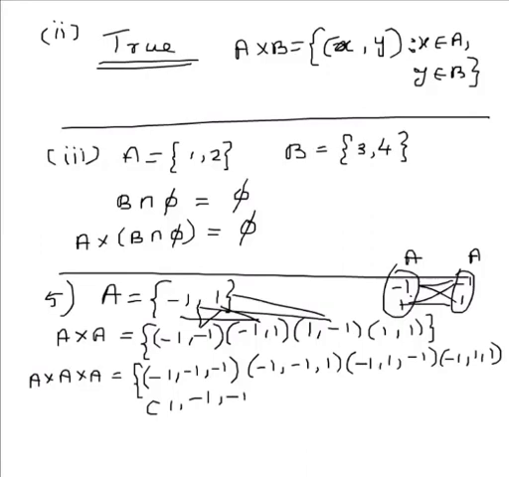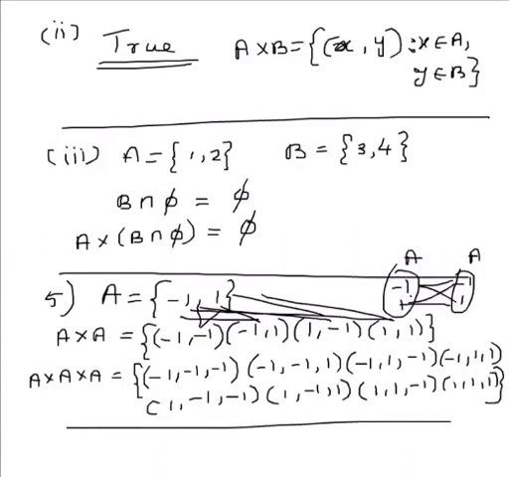Then with the last element, we have to write ordered pairs: 1, minus 1, and 1, 1. So this is A cross A.